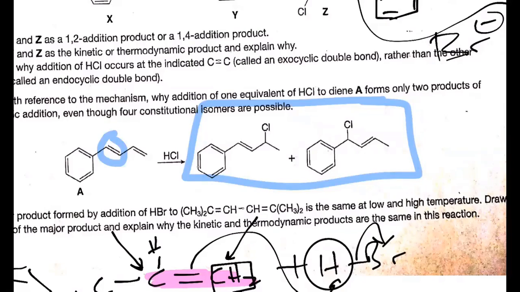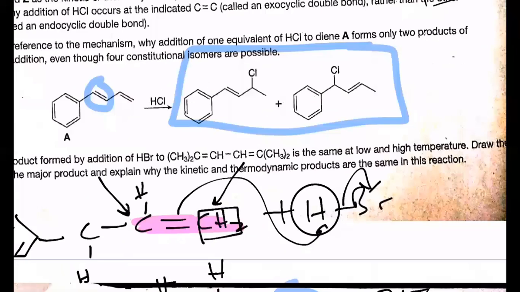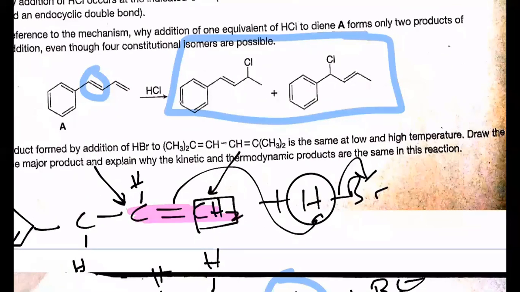It says even though 4 constitutional isomers are possible, we only get 2 products. So why do you think that the other alkene wouldn't react? What would be your guess to that? Why do you think alkene 1 doesn't react?